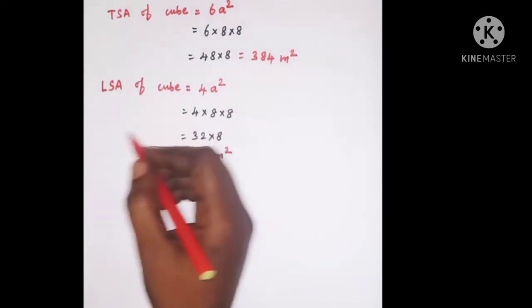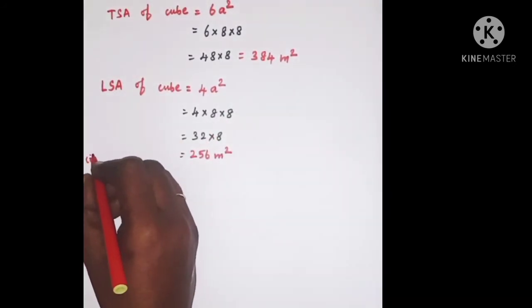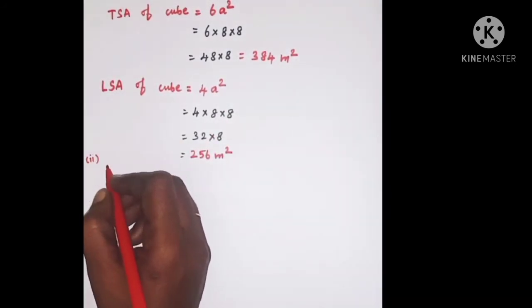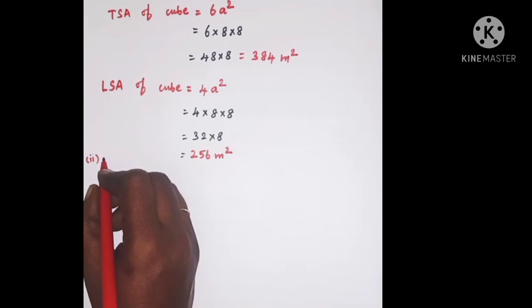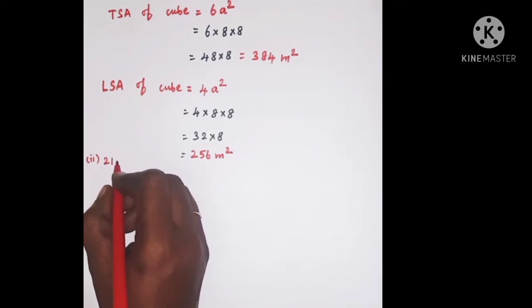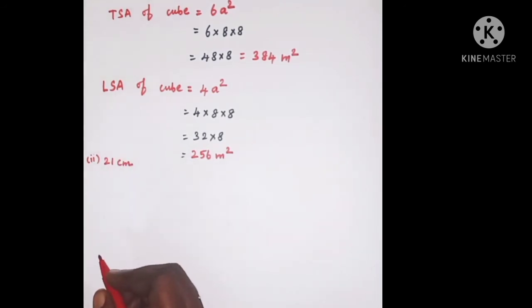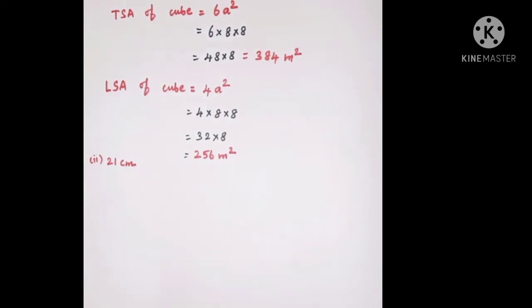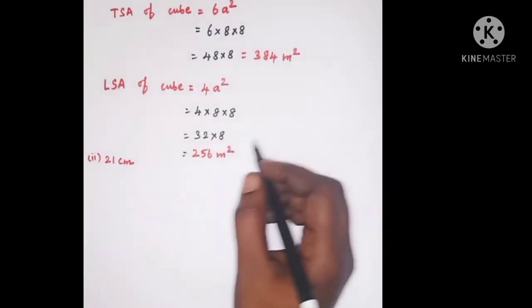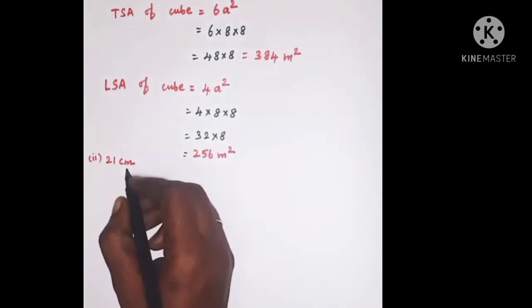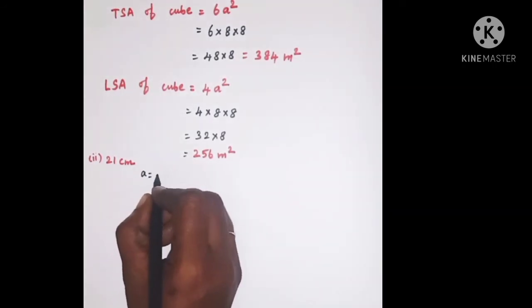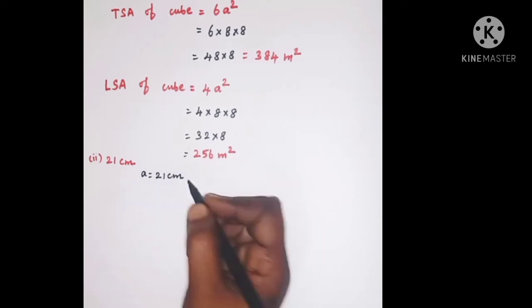Now, fourth sum, second subdivision. Find the total surface area and lateral surface area of the cube whose side is 21 centimeter. Here a is equal to 21 centimeter.